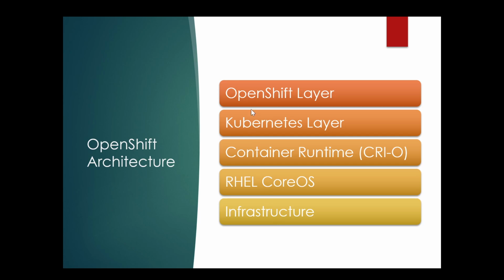So this is how the OpenShift layer looks. As you can see, some extra enterprise level features have been added over here, but the base is Kubernetes and the container base is the container runtime using CRI-O. So this is where we will be using Podman, Kubernetes, and then OpenShift on top. So Podman, kubectl, oc. These are the commands which we will use on each layer.